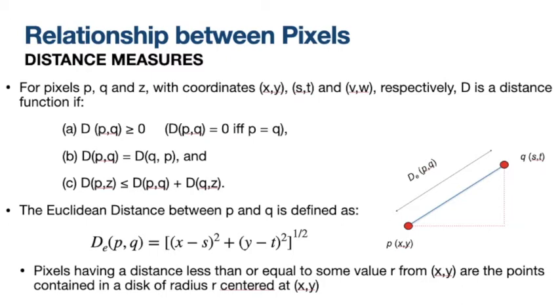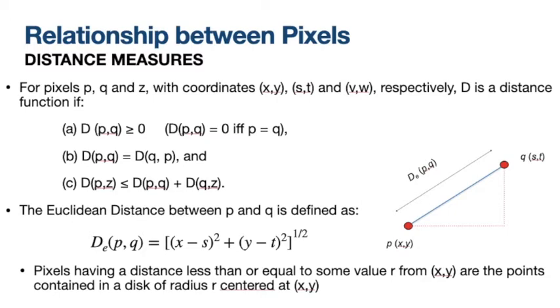So the Euclidean distance between p and q is defined as dE of pq. dE of pq is a distance function which is measured using Euclidean distance. So d of pq is equal to root of (x minus s) the whole square plus (y minus t) the whole square.